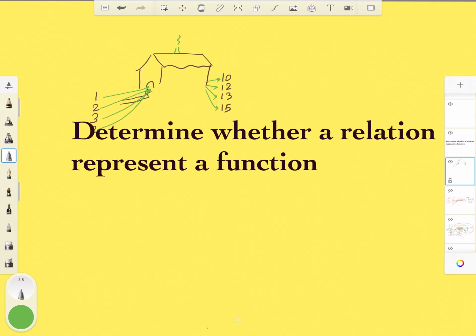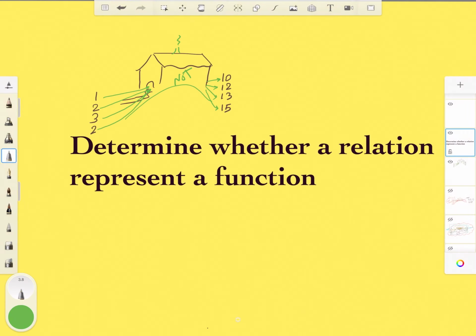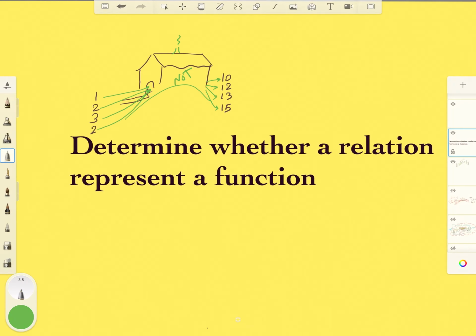So the question is, determine whether a relation represents a function. Not all factories that get input and output represent a function. This is not a function. Why is it not a function? Because this 2 went inside of this factory and got 12 back, and another person put 2 inside and they got 15.